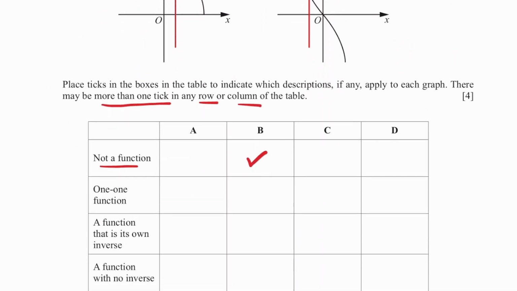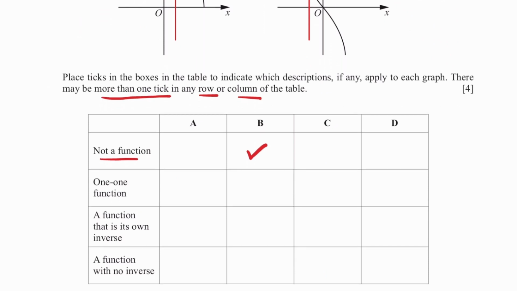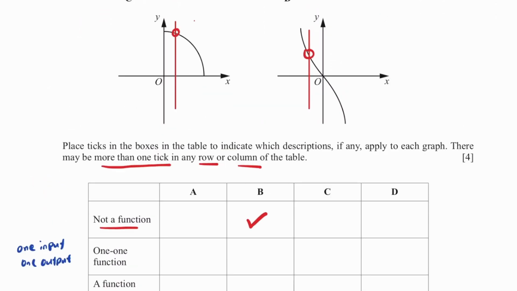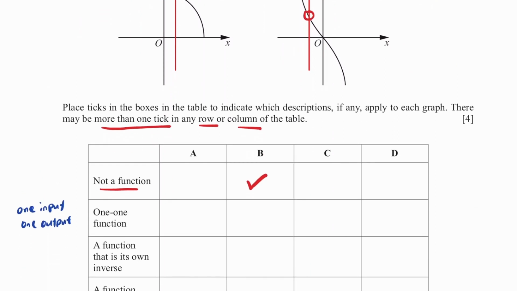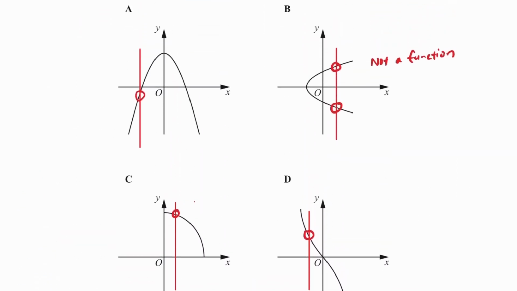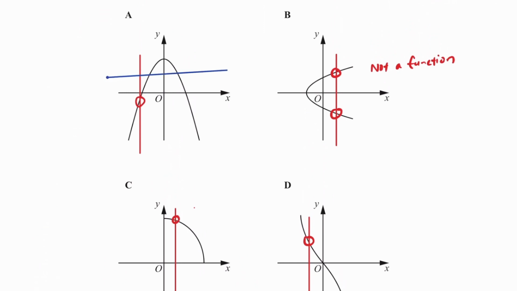How about one-to-one functions? Remember, for one-to-one functions, one input, one output. That's all you need to know. To check whether it's a one-to-one function or a many-to-one function, all you need to do this time is to draw a vertical line.